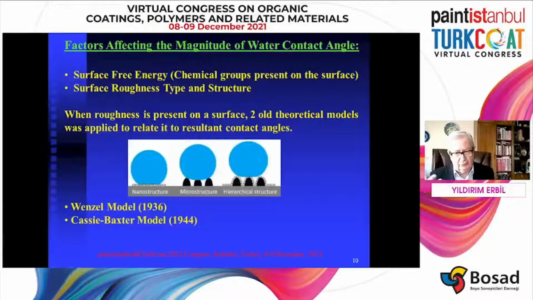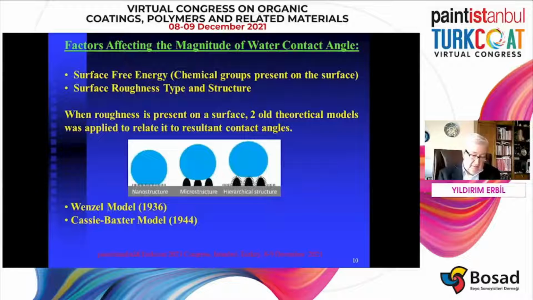Now we have to think about the factors affecting the magnitude of the water contact angle. In principle, the surface free energy and surface roughness are the two most important factors affecting the value of contact angles. Surface free energy depends on the type and structure of the chemical groups on the surface.